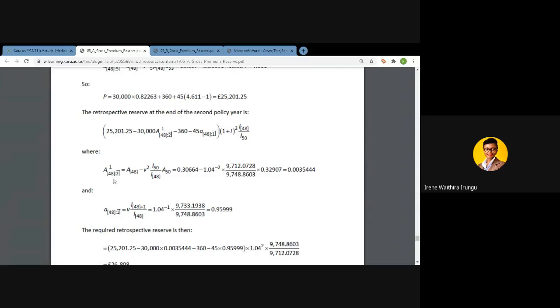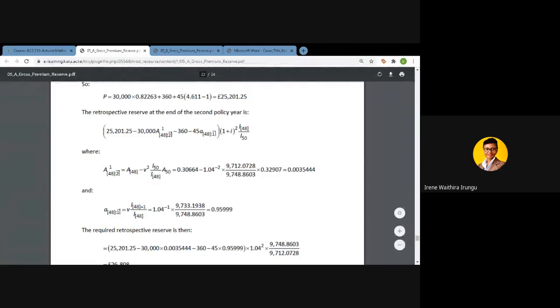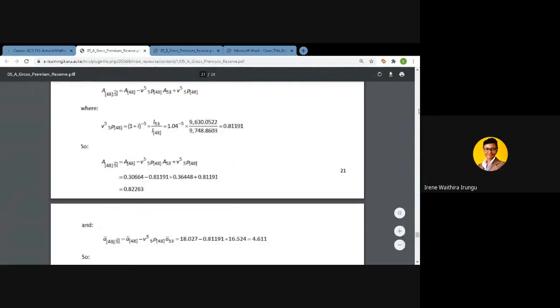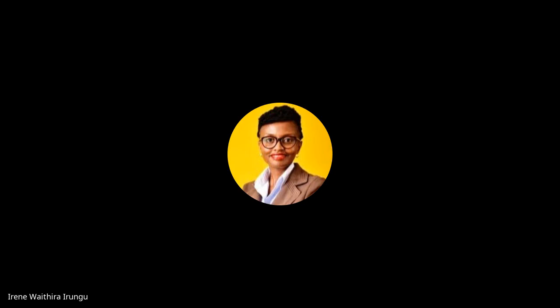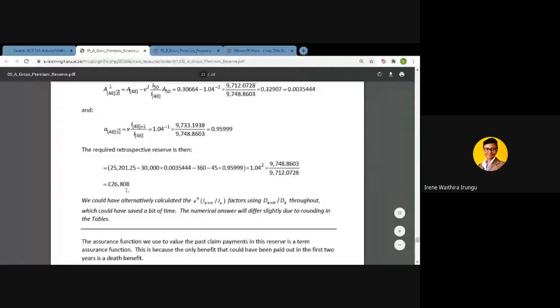Here you have the MPV for the assurance over the next 2 years, evaluated as such, and you have the annuity being evaluated here, at the corresponding rate, which in this case was 4%. So evaluating all those cash flows at 4%, you obtain your retrospective reserve as 26,808. So ensure you verify those values.